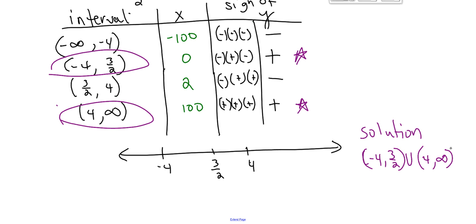And so when I graph this, I'm going to put parentheses around those and shade in between. And then for this other one, 4 to infinity, I'm going to put a parenthesis there and shade out towards positive infinity as we go. And so there's the graph of the solution and the solution in interval notation.